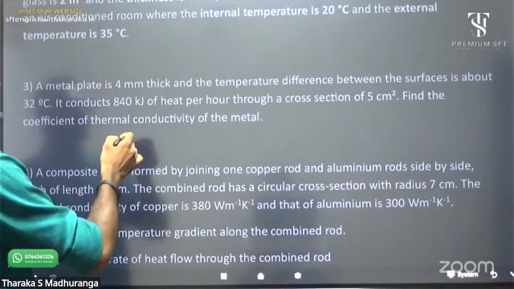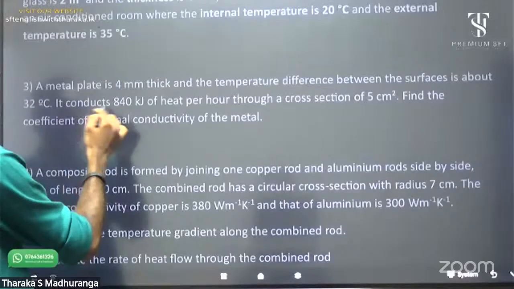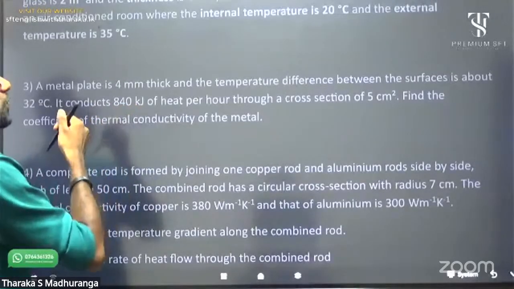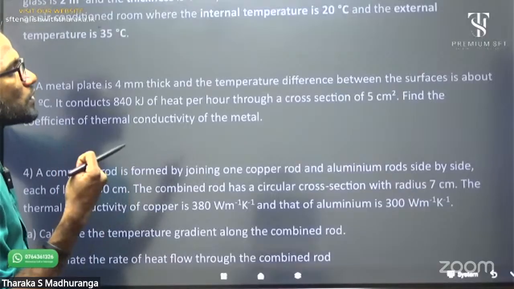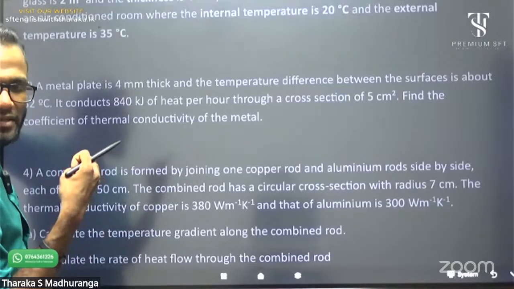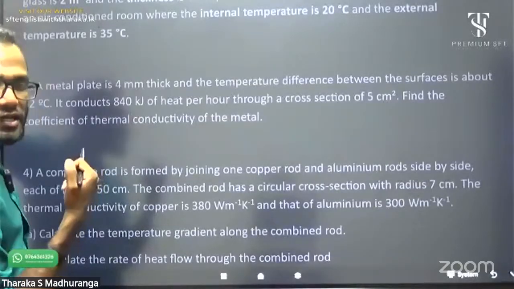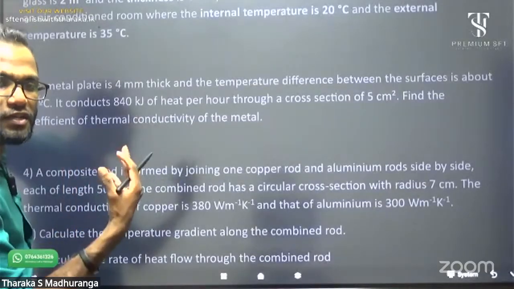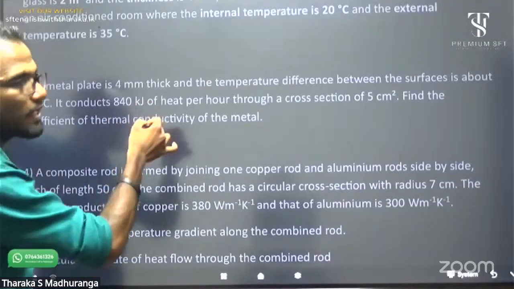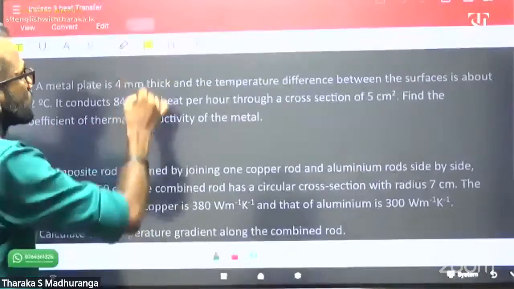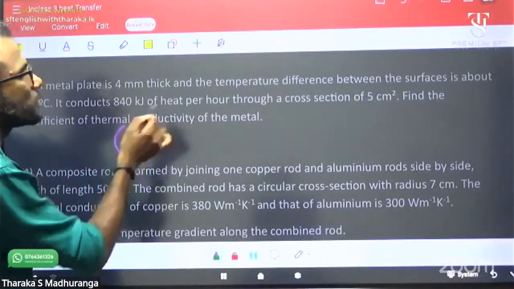It conducts 840 kilojoules of heat per 1 hour through a cross section of 5 square centimeter. Find the coefficient of thermal conductivity. Coefficient of thermal conductivity means thermal conductivity, that means K. The question asks, what is the K of this metal?